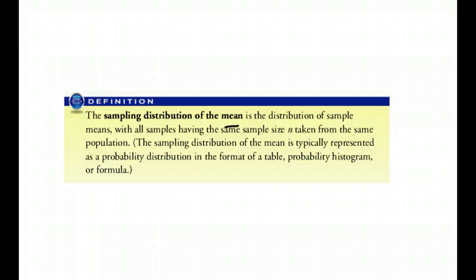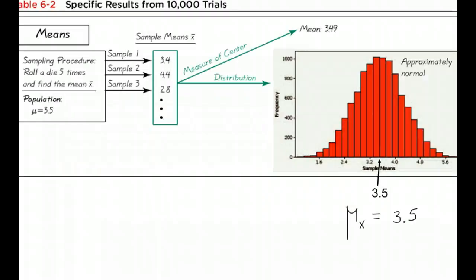Now, if we do this a large number of times, over and over again, what this histogram represents is every possible sample mean. If you can read right here, it says sample means. So if I roll the die 5 times, yeah, I could get something way below 1.6.